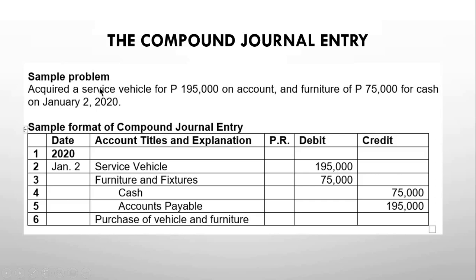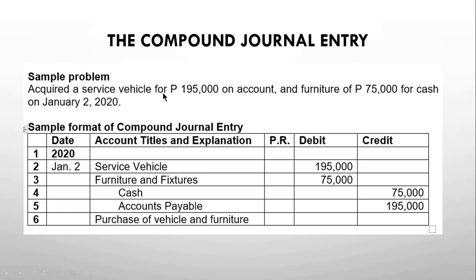So technically, this transaction involves two or more accounts na i-debit at saka i-credit. Okay? So, nag-acquire siya ng service vehicle. Service vehicle is an asset, di ba? So, dahil naka-receive siya ng service vehicle by acquiring it for 195, so magdi-debit siya ng service vehicle. Okay? For 195,000.